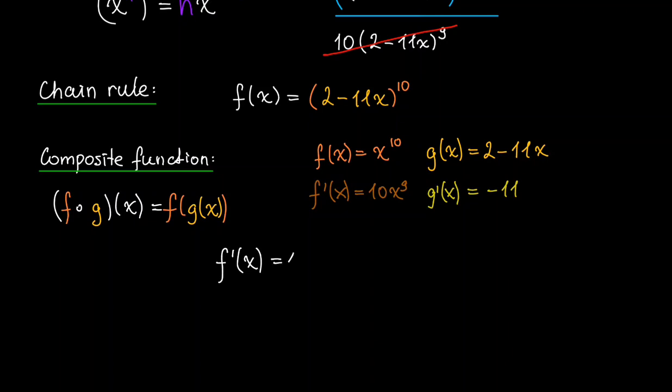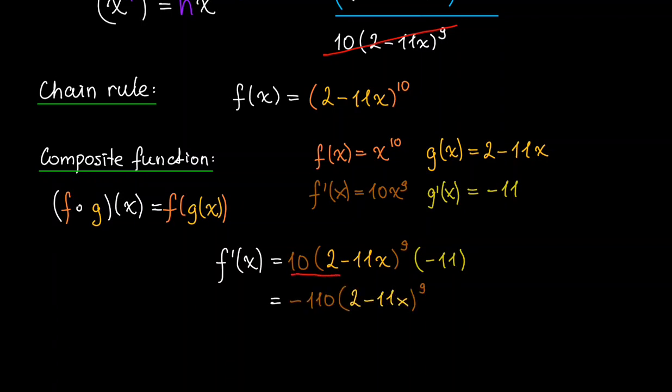And that would be 10 times 2 minus 11x to the power of 9 multiplied by the derivative of the inside, which here is simply negative 11. And simplifying this, we just have negative 110 times 2 minus 11x raised to the 9th power.